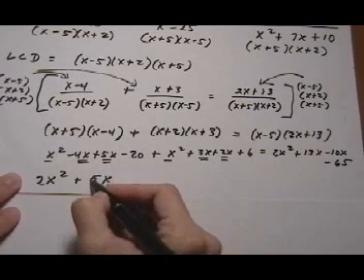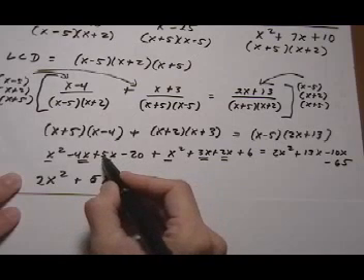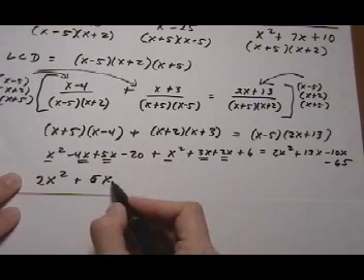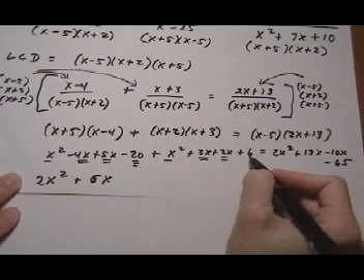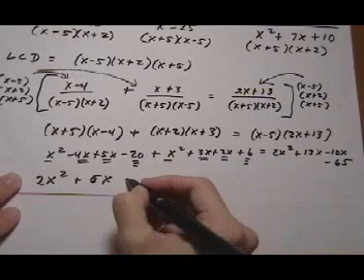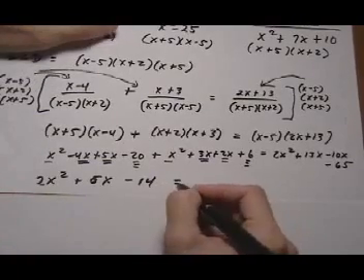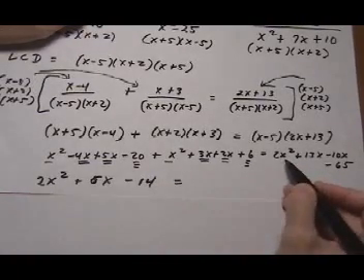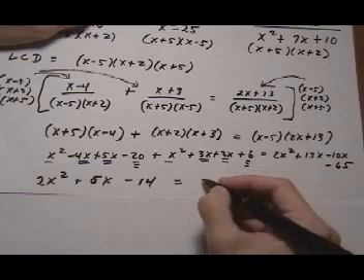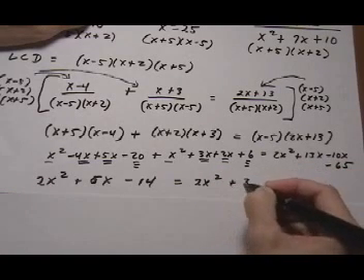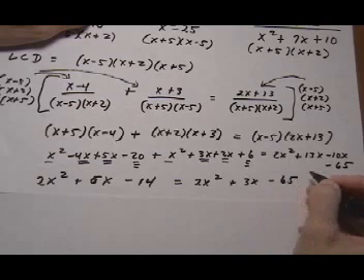Actually, that'll be a 6. Because we have 5 minus 4 here is 1, and then plus 5 over here. So it's plus 6x. And then for the numbers, we have minus 20 and plus 6 gives us minus 14. And that equals 2x squared plus 13 minus 10 is plus 3x minus 65.